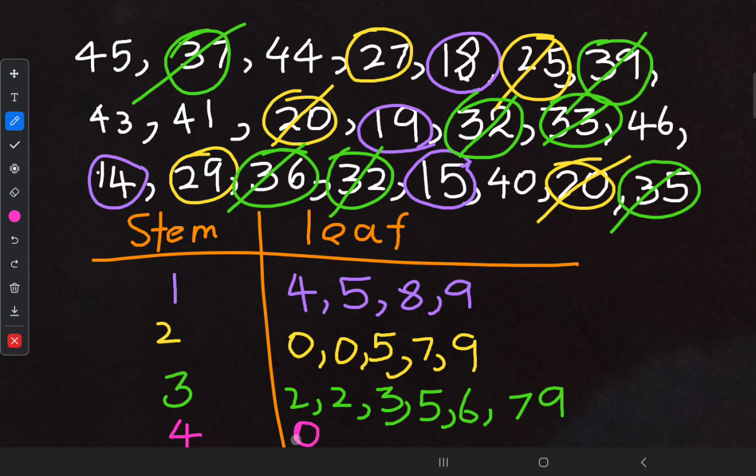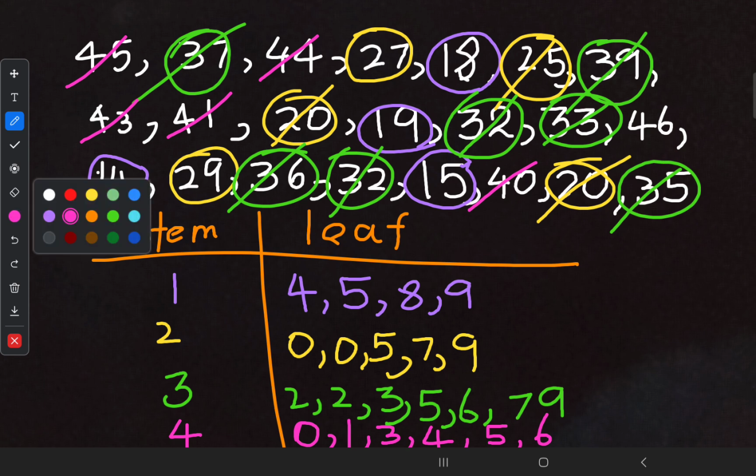The least one is 0. There is a 40, then 41, then 43, 44, 45 and 46. This is the way you should indicate your stem and leaf graph.